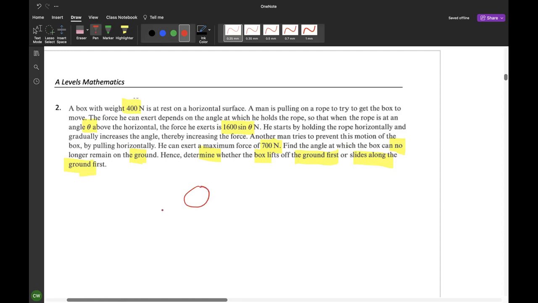There is a box on the ground. Weight is 400. A man pulls, tries to make it move, depending on angle. So pull this way, sine theta. Where is the theta? Theta is here. He exerts the force, sine theta.